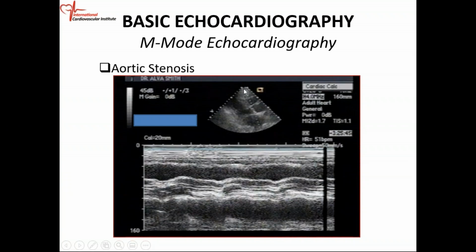The cursor is crossing through these structures: the chest wall, your pericardium, the RV wall thickness, the RV cavity. This is the aortic wall, the anterior aortic wall, the posterior. You can see the aortic wall is a bit thickened.